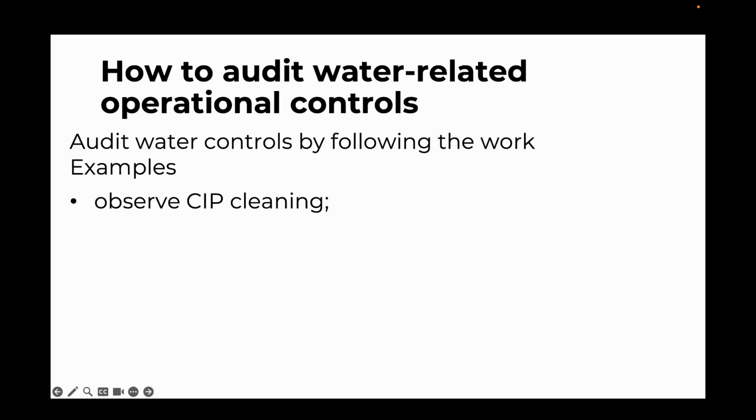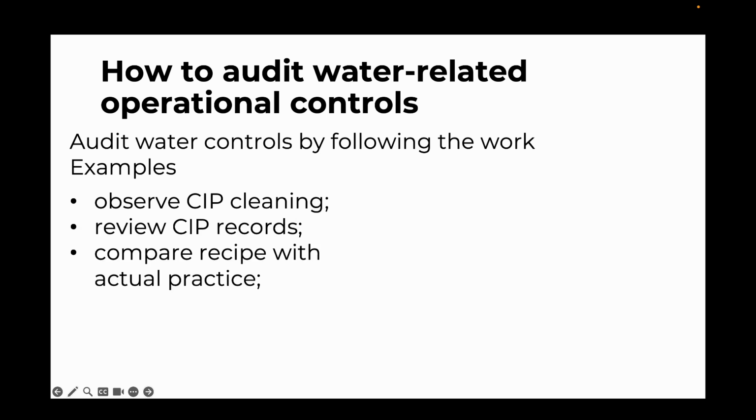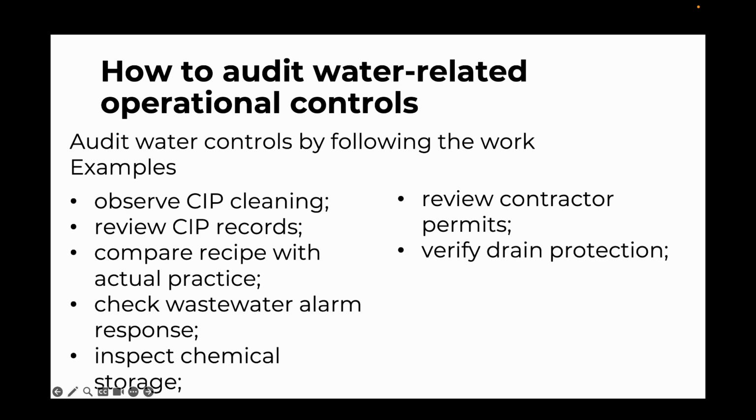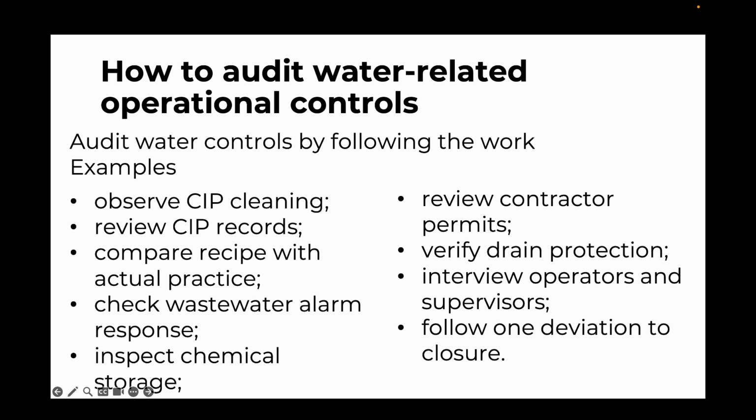Now, to audit water-related operational controls, the auditor should follow the work. So observe cleaning in place, review cleaning in place records, compare the approved recipe with actual practice, check how wastewater alarms are handled, inspect chemical storage, review contractor permits, verify drain protection, interview operators and supervisors, follow one deviation from detection to closure.